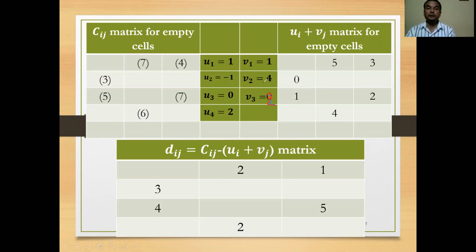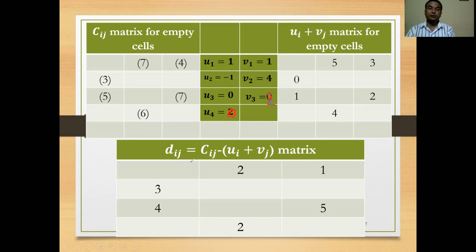There is again a mistake, and this should have been 0. U4 is 0, so 0 plus 4 is 4. So we have arrived at this Cij matrix and Ui plus Vj matrix.